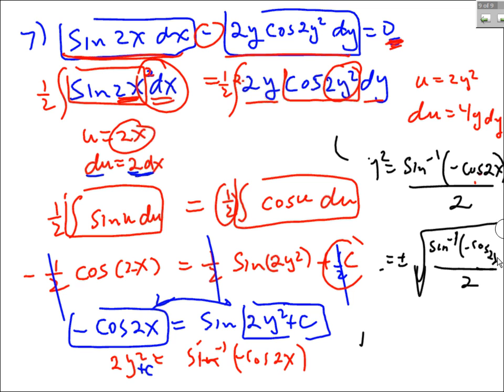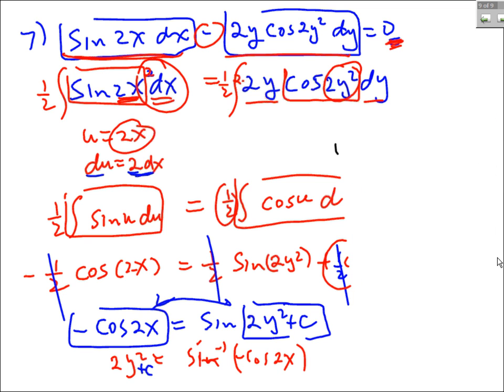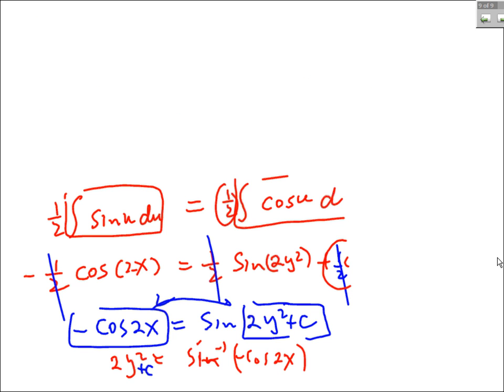So let's scratch this. And it's very, very simple. With all these steps, it's very simple to make some kind of an error. So right now, top and the bottom, we have 2y squared plus c is the sine inverse of negative cosine of 2x.